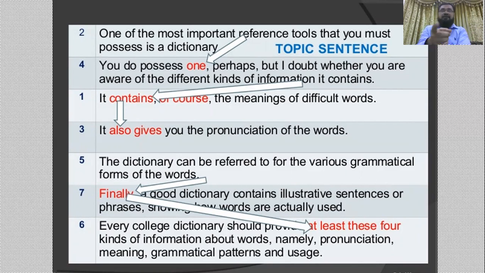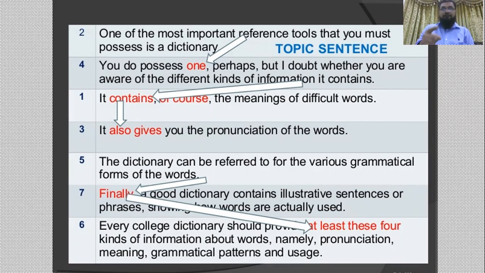Now the third sentence is referring to the second, and it contains, of course, the meaning of difficult words, and it also gives the pronunciation. The fourth one is also connected. Next is, the dictionary can be referred to for the various grammatical forms of the words.